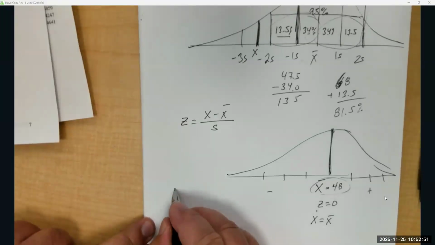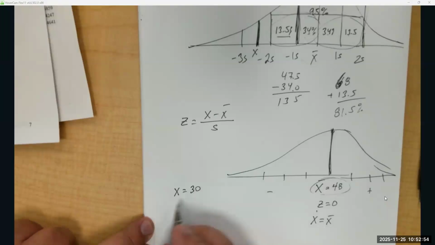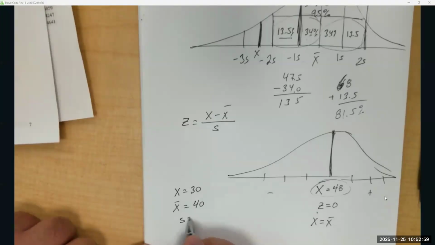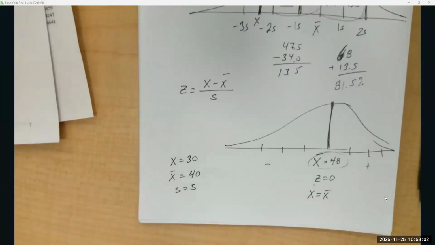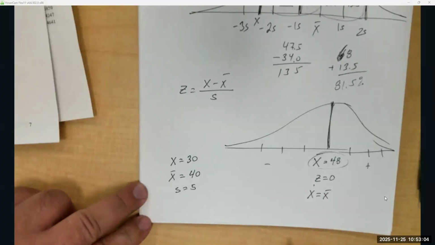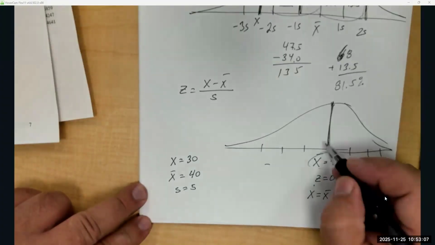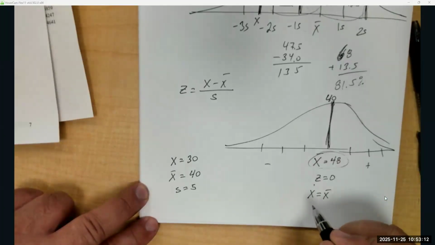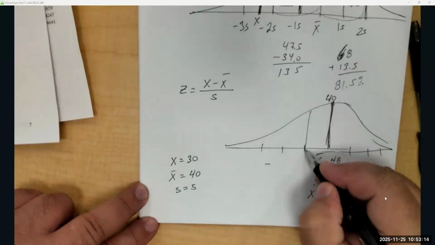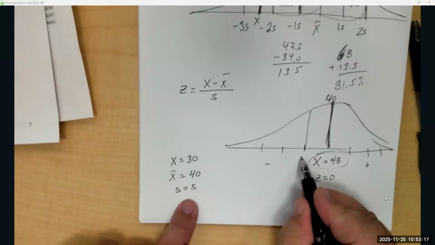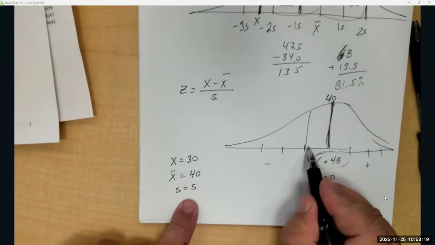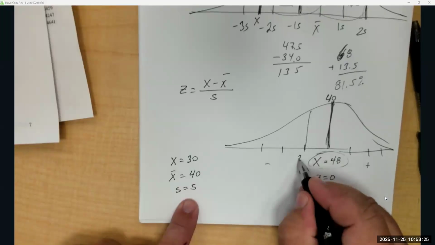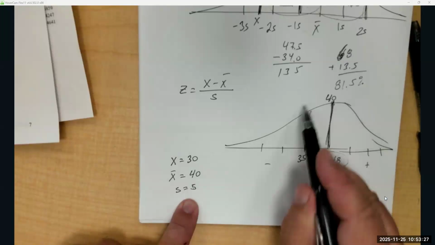So let's say the X value I'm looking for is 30, my X bar is 40, and my standard deviation is 5. Here my X bar is 40. If it's one standard deviation to the left, what would this value be? 35, because you're subtracting 5 for each step.